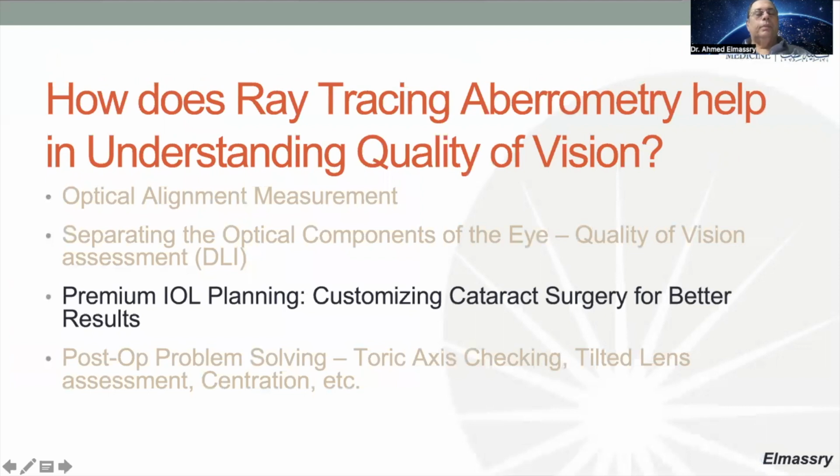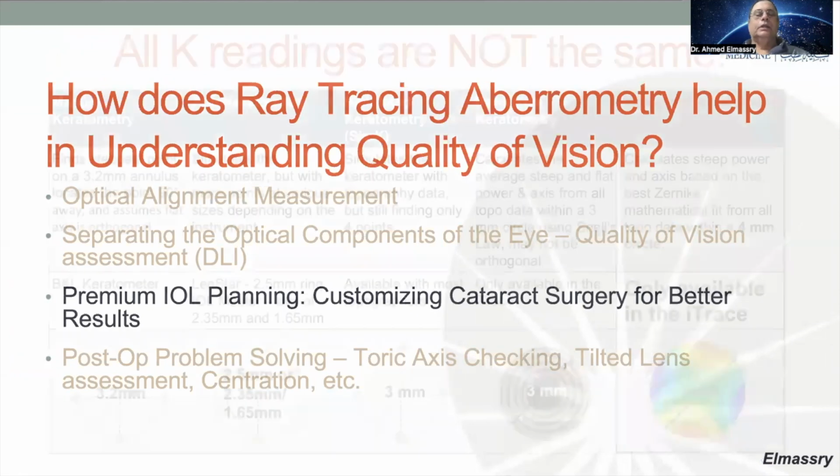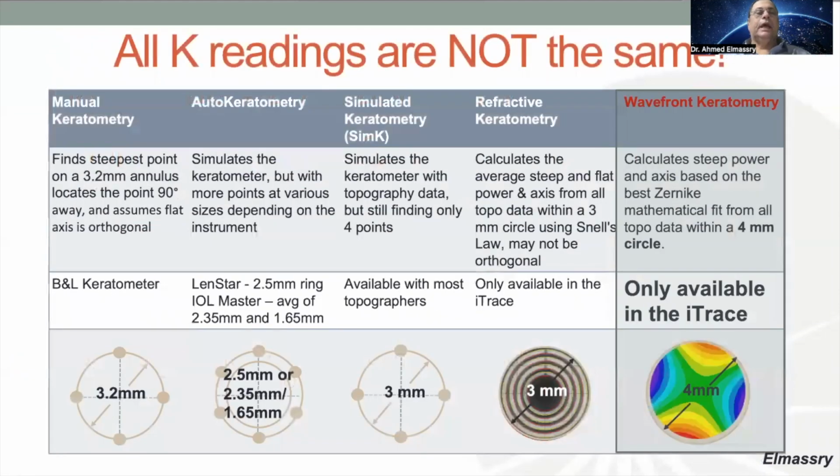So to plan for the premium IOL, whether to do toric or non-toric or multifocal IOLs, this helps, as we all know that the K readings are not the same in all machines. The manual keratometer measures the center 3.2 millimeter, where it finds the steepest point and takes an annulus location to the point at 90 degrees.